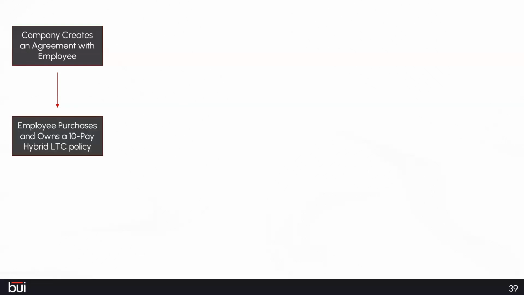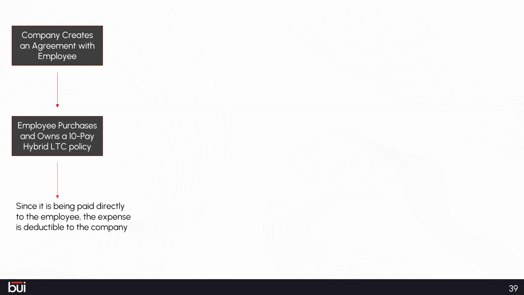Here, the employer and employee enter into a legal agreement that basically says if the employee sticks around for 10 years, the company will provide him with a bonus every year to pay for long-term care. So the employee is purchasing the policy and owns the policy.